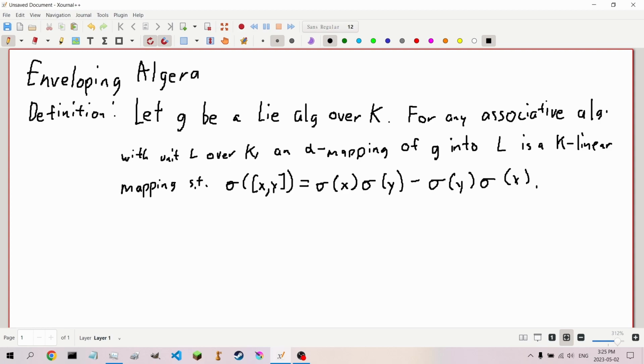And so we see that it is a homomorphism from G into the Lie algebra version of L, keeping in mind that the definition of the Lie algebra of an algebra is the bracket is the product minus its swapped.